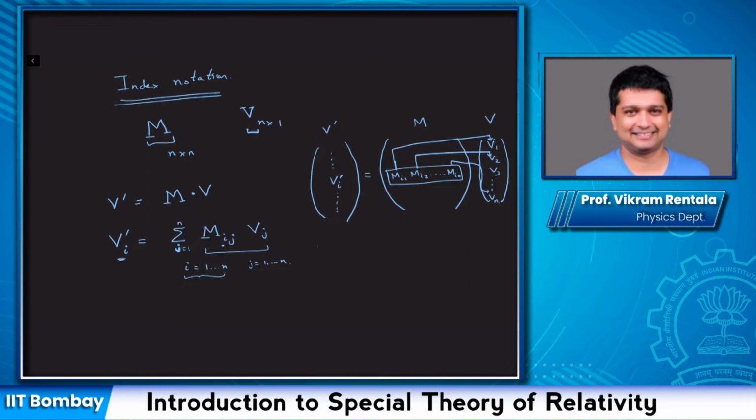We sum all of those together, and that would give us vi prime. So j is the second index over columns. So j is 1, 2 till n. And when we sum over all columns and multiply by the corresponding vj's, the entries in the rows of v, we get vi prime. So this is just well known from writing matrix multiplication using index notation.